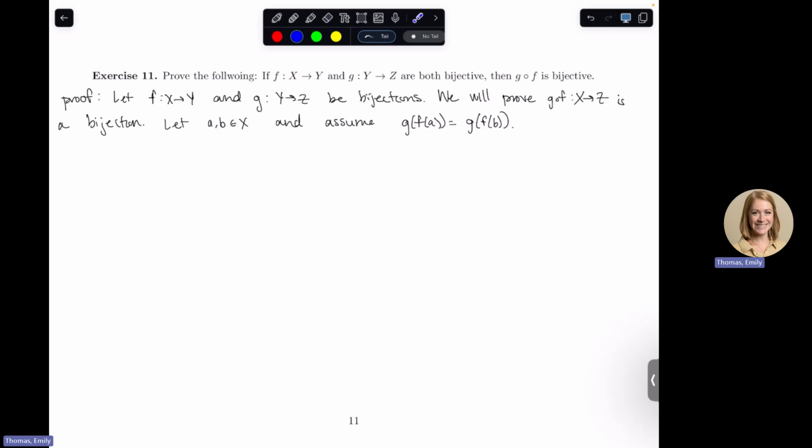So this means that f of a equals f of b, and this is because G is 1-to-1. And then from there, you get that a equals b because f is 1-to-1.